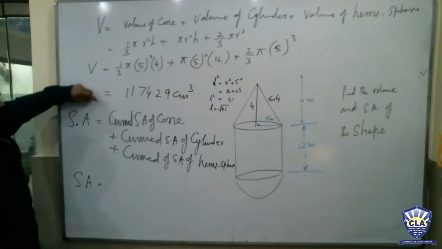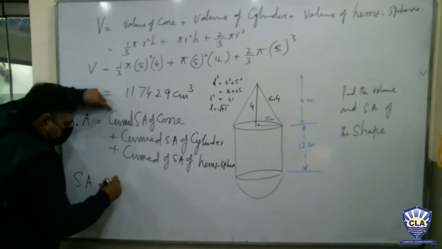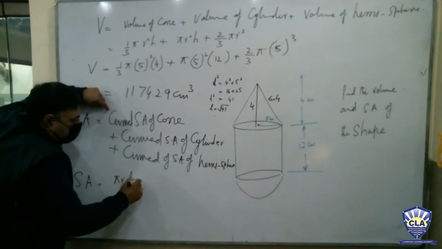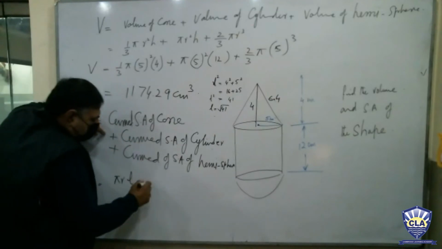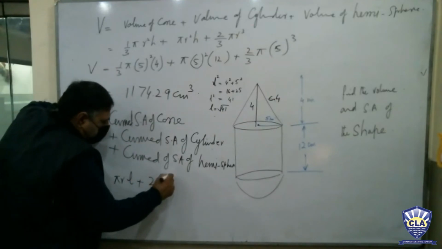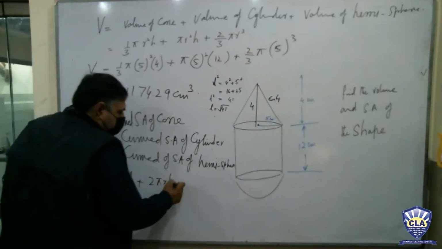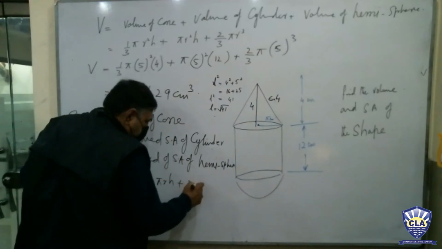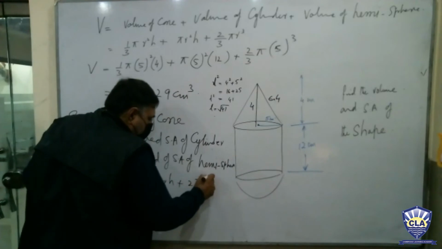So curved surface area of cone is pi r L, plus curved surface area of cylinder 2 pi r h, plus hemisphere 2 pi r square.